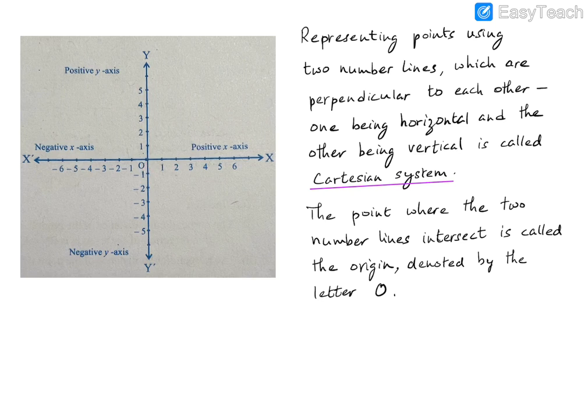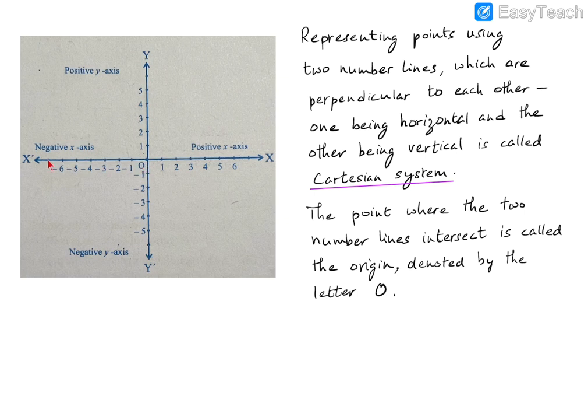And then we have the positive x-axis denoted by the number line OX. Similarly, OY is the positive y-axis. Okay, on the positive x-axis, all the x-axis numbers are positive numbers. On the positive y-axis, all the y-axis numbers are positive numbers. Similarly, we have OX dash as the negative x-axis.